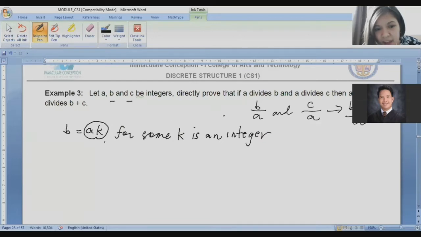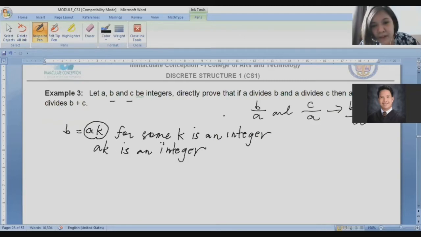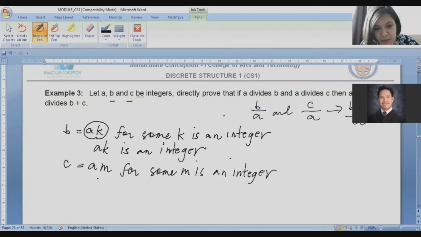So, meaning to say, ak is also an integer. Then next, c is equal to, for example, class, am, for some m is an integer, and am is also an integer.